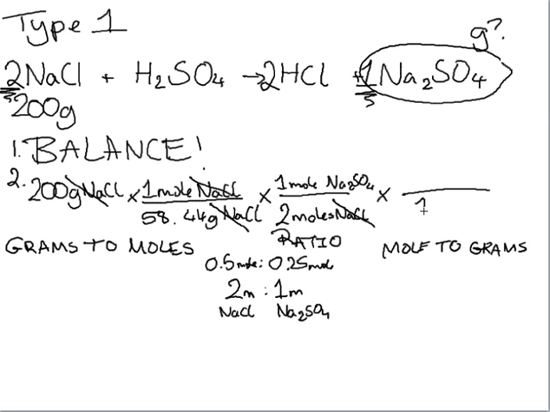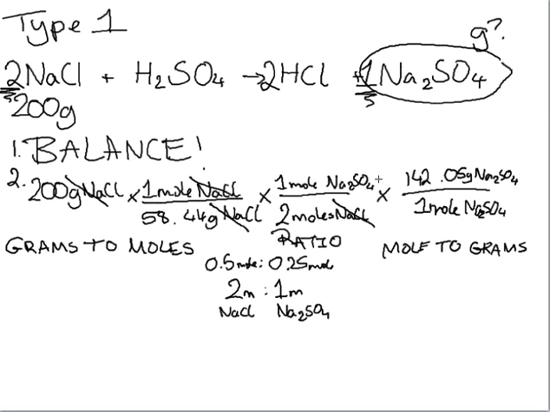So, for 1 mole of Na2SO4, by using the periodic table, we'd get 142.05 grams of Na2SO4. What this is saying is that for each mole of Na2SO4, there are 142.05 grams.